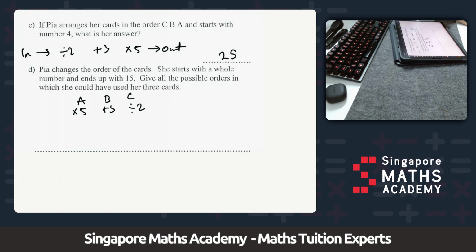Now, if she ends up with 15, then we've got to really think about what could happen. She starts with a whole number and ends with 15.